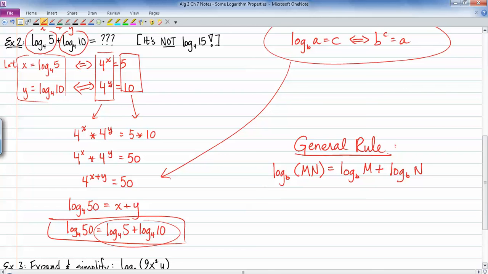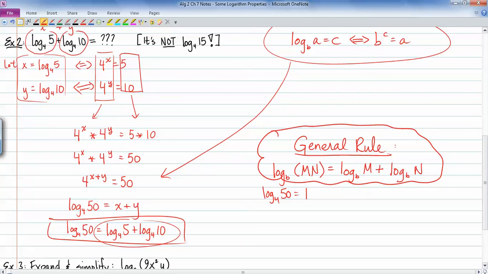Like if I said, what's log base 4 of 50, and I said, break it down into some smaller pieces, well, this, by the way, is a well-known rule for logs. You could do the 5 and the 10, but you've got to remember to add the log base 4 of 5 and the log base 4 of 10.